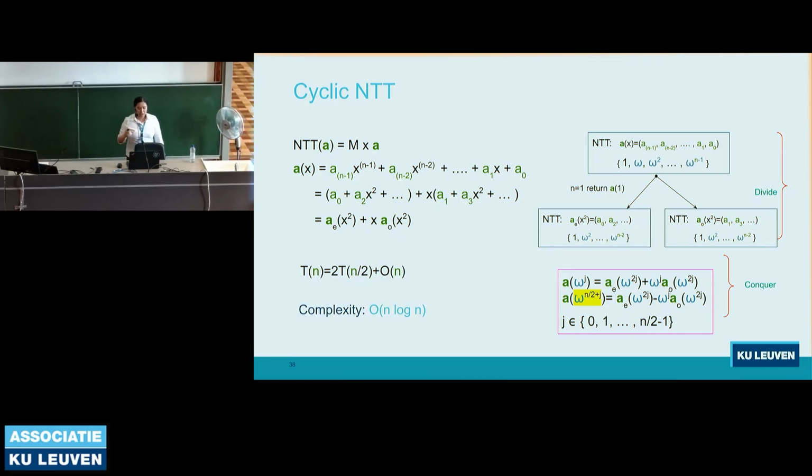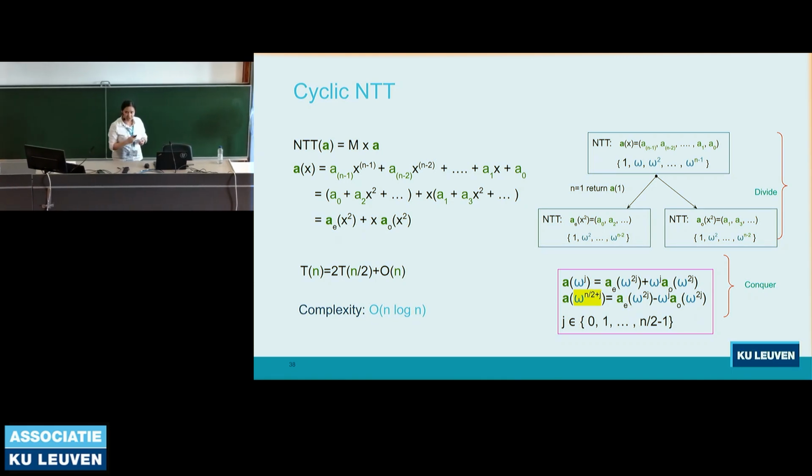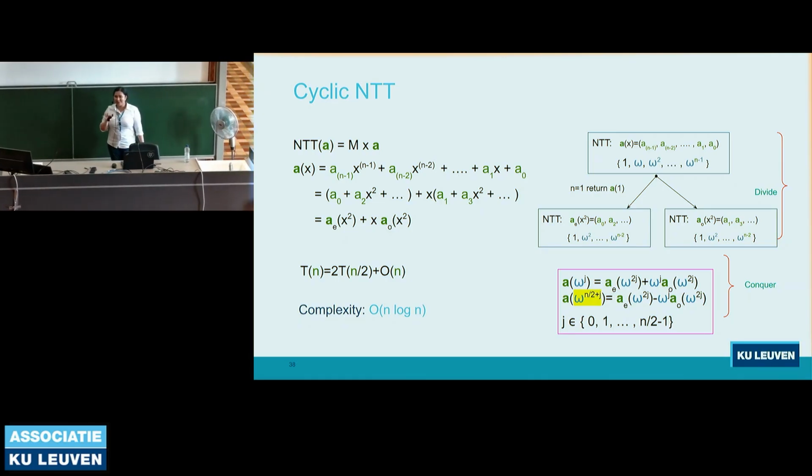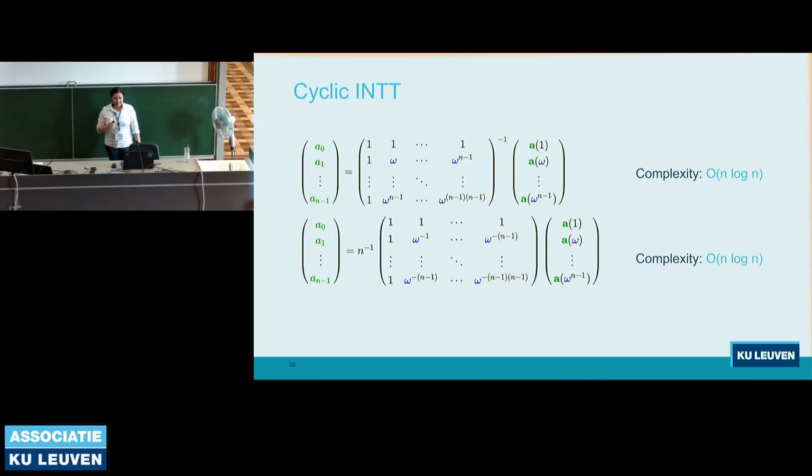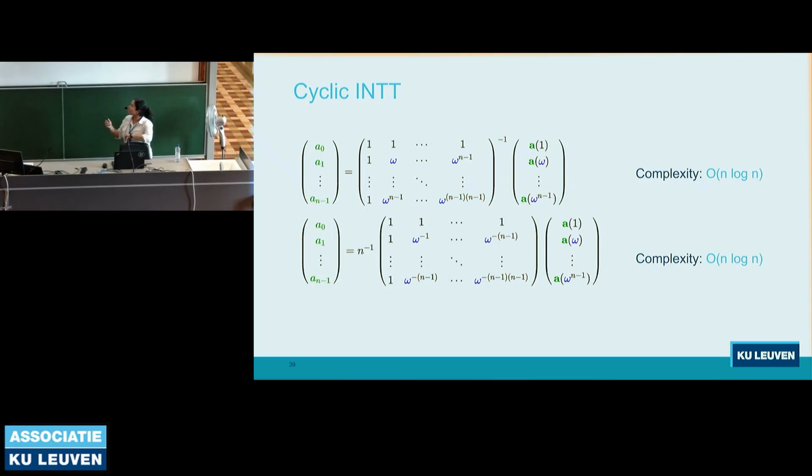As I mentioned, that makes our complexity much lower, which is order of n log n, which is quasi-linear. Sorry, I forgot to mention the inverse NTT, but it's very similar.